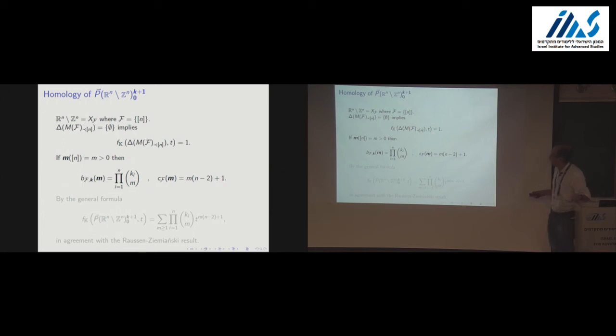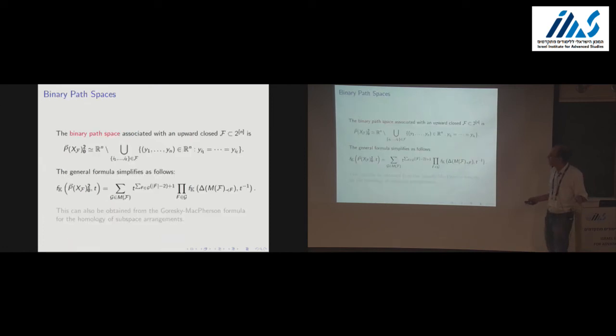Therefore, by the formulas, you compute that B is the product of K_i choose M, and C is M times (n minus 2) plus 1. Then by the general formula, all that remains is exactly this expression, which agrees, of course, or luckily, with the previous result.